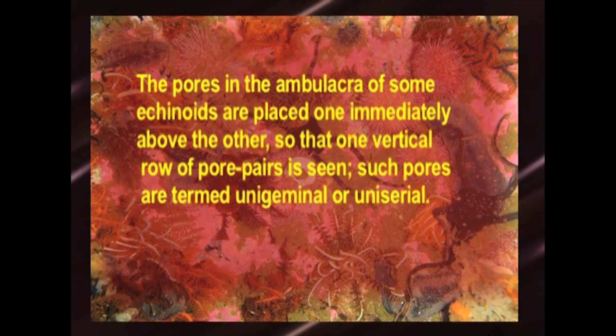The pores in the ambulacra of some echinoids are placed one immediately above the other, so that one vertical row of pore pairs is seen. Such pores are termed unigeminal or uniserial. In other cases, the pore pairs are alternately near to and more distant from the margin of the ambulacral plate, and consequently 2 vertical rows are formed, and the pores are said to be bigeminal or biserial.